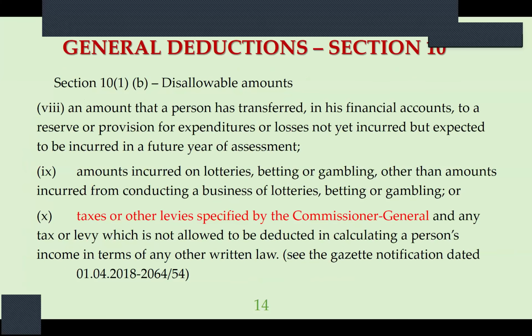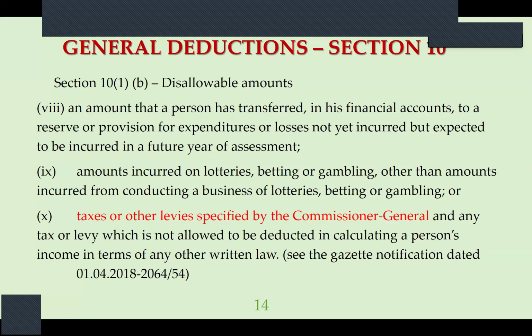The next one is an amount that a person has transferred in his financial accounts to a reserve or provision for expenditures or losses not yet incurred but expected to be incurred. What is the meaning of that? When we are calculating a company or an institution's profit, I mean book profit, not the taxable profit, at that time we are deducting some amounts that we transfer to provisions, some to reserves.